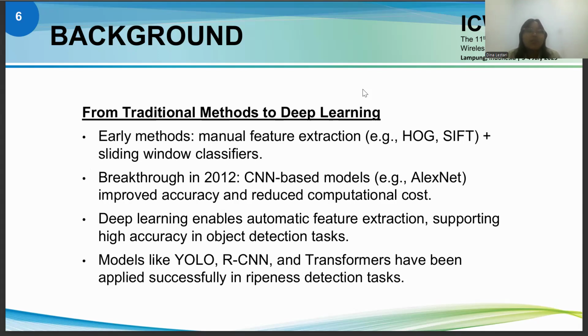In 2012, the introduction of CNN-based models marked a breakthrough, offering automatic feature extraction and much higher performance. This led to widespread use of deep learning in object detection, including for agriculture applications like tomato ripeness detection. Models such as YOLO and Faster RCNN have shown significant improvements in both accuracy and computational efficiency.